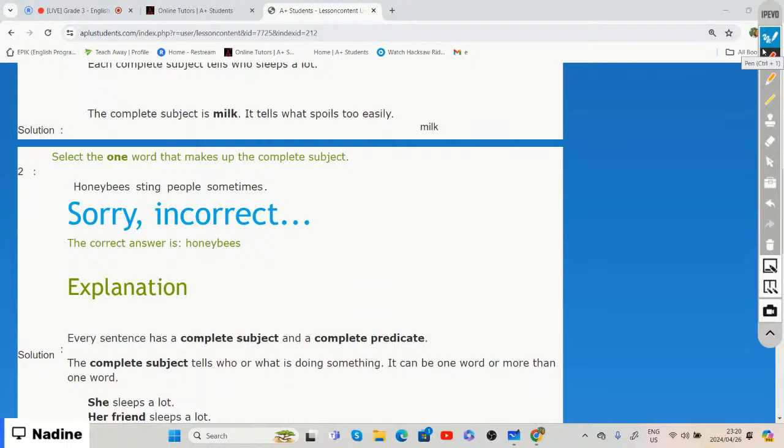So honeybees sting people sometimes. So now we need to ask ourselves, who stings people sometimes? If we look at that sentence, who stings people sometimes? So that we can get the subject or the complete subject within that sentence. So who stings people sometimes?